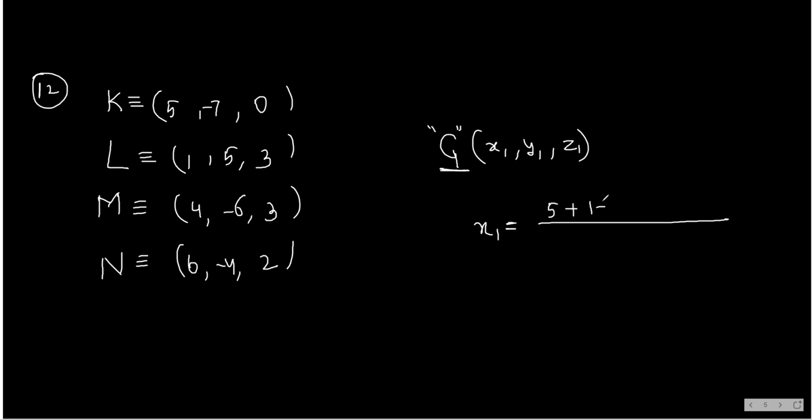So (5 plus 1 plus 4 plus 6) by 4, that is 16 by 4, which is equal to 4. So x1 is 4. Similarly, you will calculate y1 and z1. That's the end of this question. We are left with one or two more problems in this exercise, which I will take in another video. Thank you.